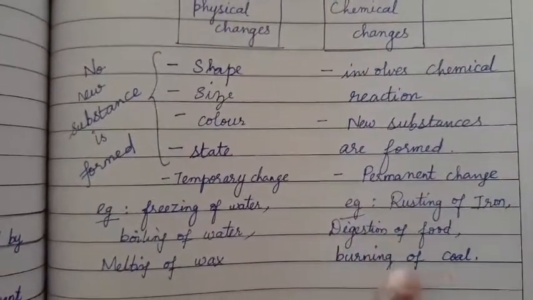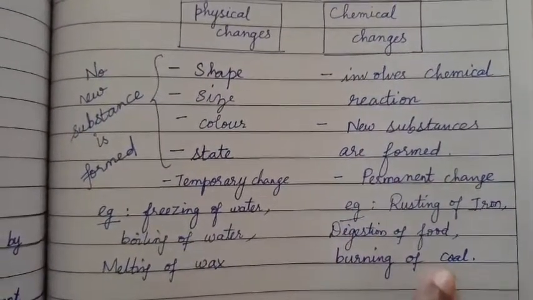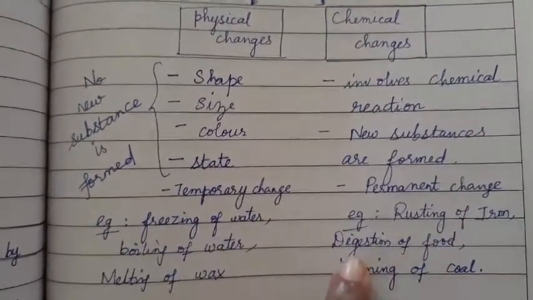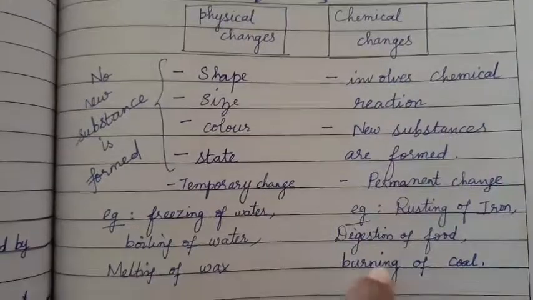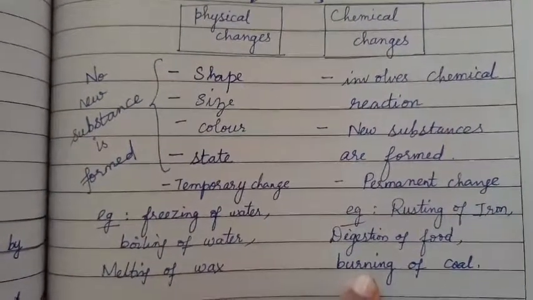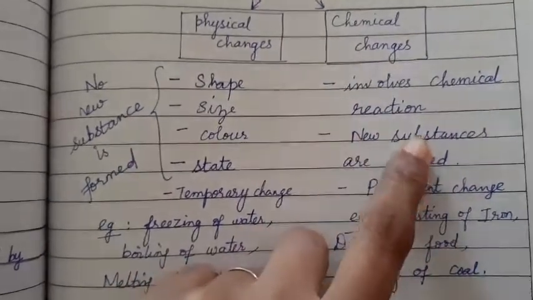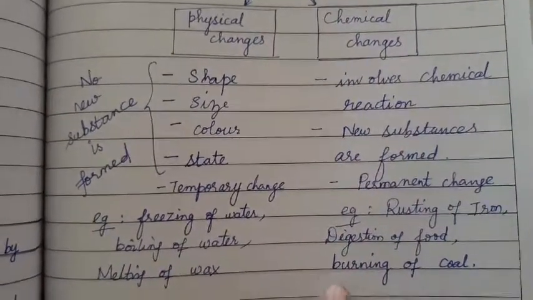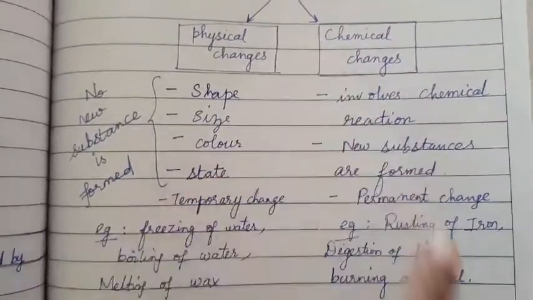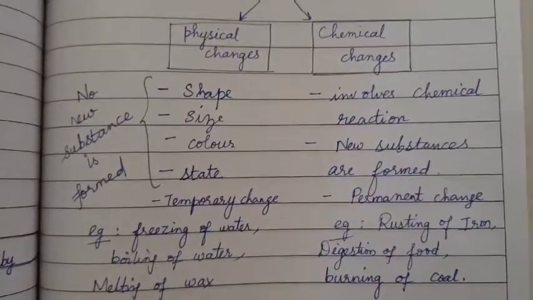Burning of coal. Coal which we use for burning has a different composition, and once it is burnt completely, the leftover ashes have a different composition. So a new substance is formed in these examples. That is why I call them chemical changes.